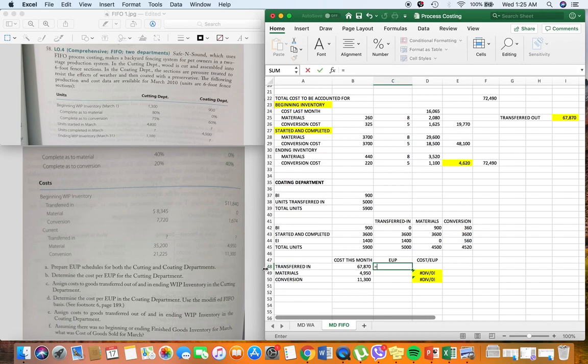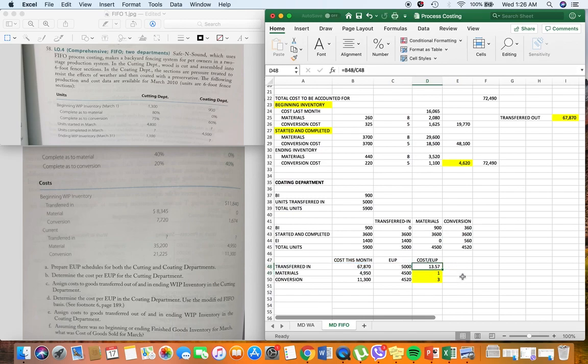Then let us get our EUPs. Transferred in, we have 5,000. For materials, we have 4,500. And for conversion, we have 4,520. So we will divide our cost this month by our EUP.